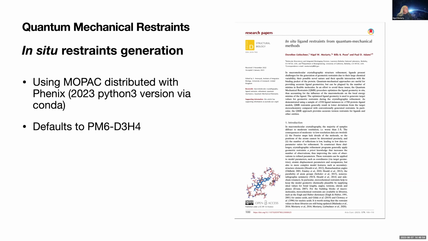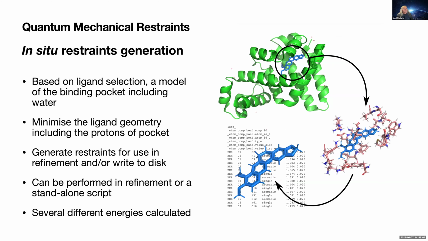And this is used, and we just published this, as you can see, at the beginning of this year. It calculates the restraints of a ligand in situ using, by default, the PM6-3H4 method. So just a quick overview of what that is. If you have a protein with a ligand in it and you want really accurate restraints for this, you want to know more about the chemistry than just in the vacuum, which is the default way.